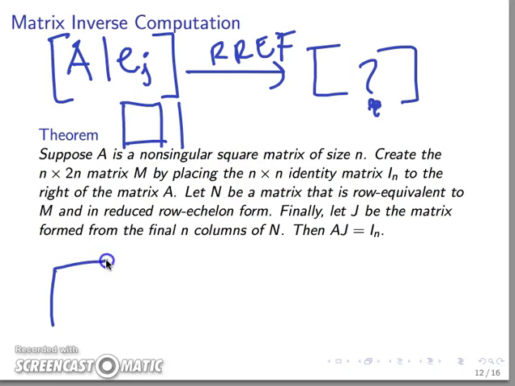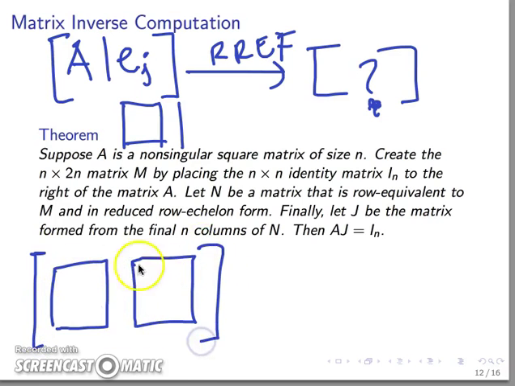So we're going to stack together here's the matrix A, and here's the matrix we call I. By putting them both together, we now have each of them square. Each of them has n rows and columns. But by stacking them next to each other, augmenting the matrix not just by one column but by a whole matrix, we now have a rectangular matrix that still has n rows, but now has 2n columns.